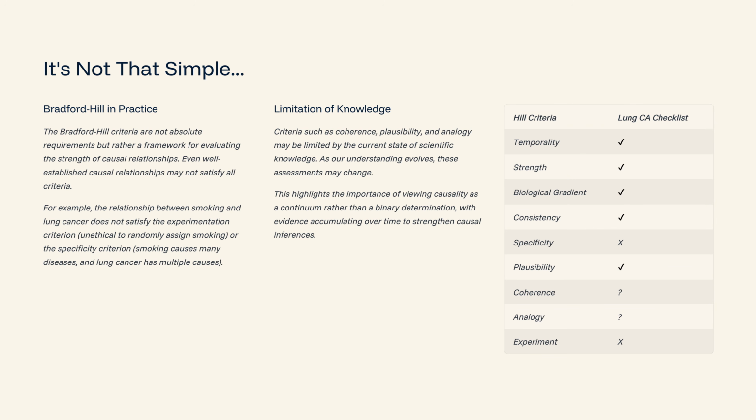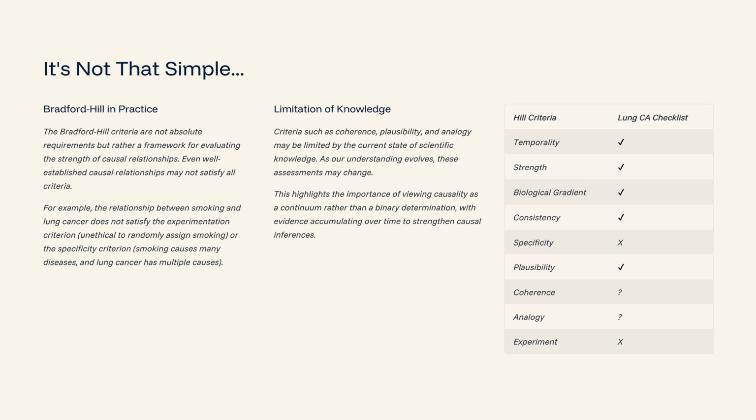Just to reiterate, it's just not that simple where you can check all the Bradford-Hill boxes and you know it's causal, because we know there's many causal relationships out there that might not meet all or even half of the Bradford-Hill criteria. Okay, for example, the relationship between smoking and lung cancer is pretty indisputable that smoking increases the risk of lung cancer, but it doesn't satisfy all of the Bradford-Hill criteria, especially the experimentation or the specificity, okay?